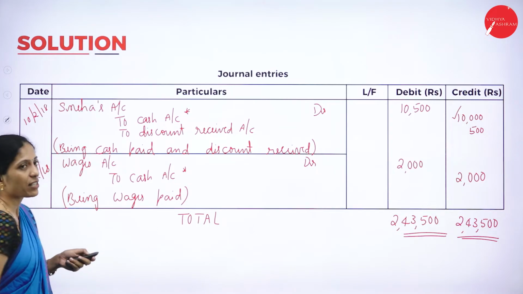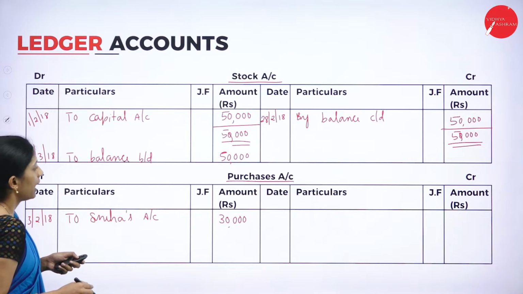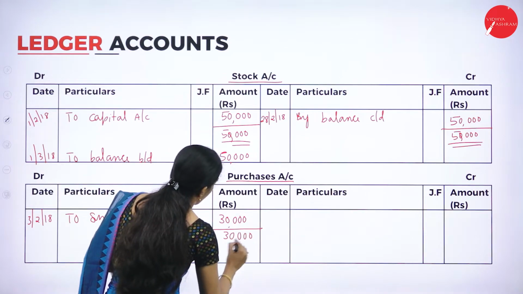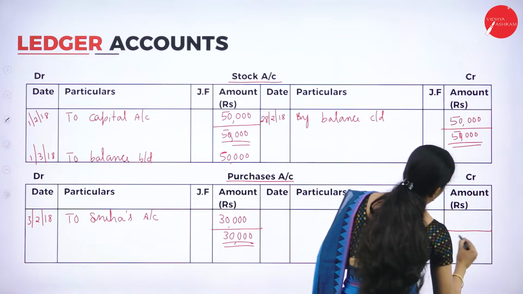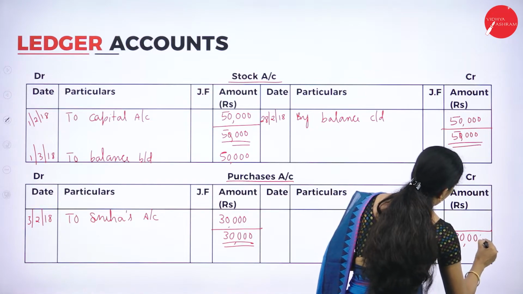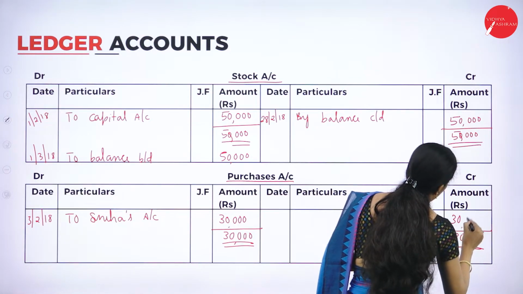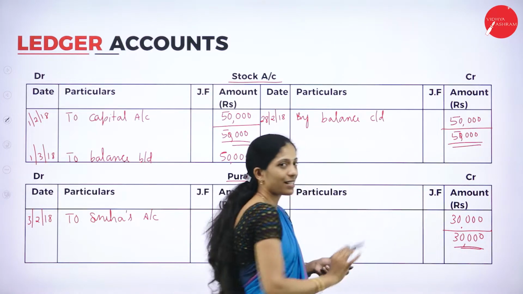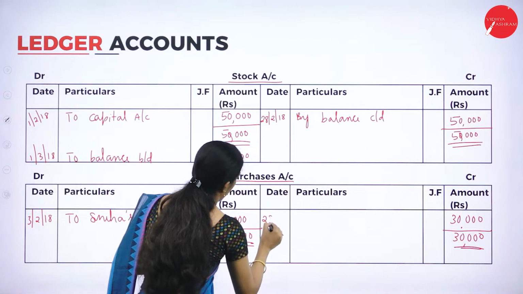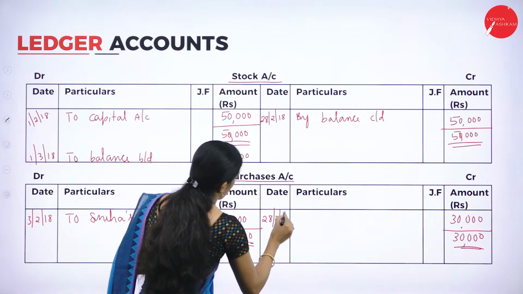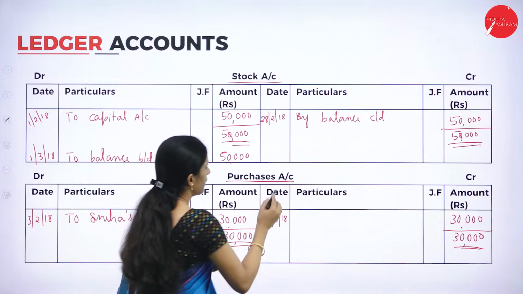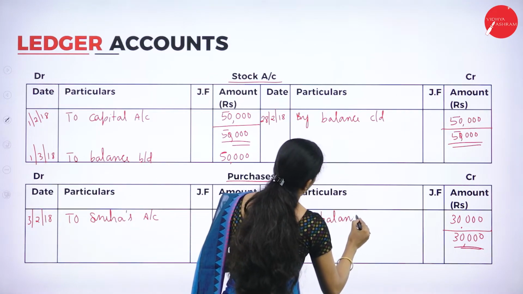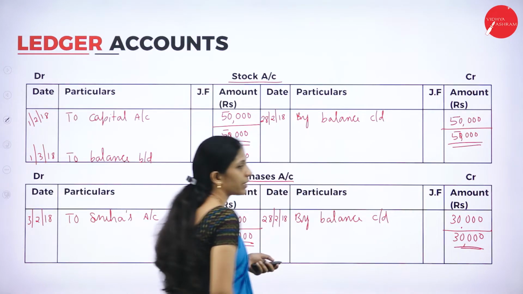Next, there is no other purchase, so we have to balance both the side and the balancing figure has to be carried down. Now here also, debit side 30,000, credit side it is 0, so make it as 30,000. So 30,000 is the balancing amount. At the end of the month, 28/2/2018, we have to carry it down by balance carried down 30,000.